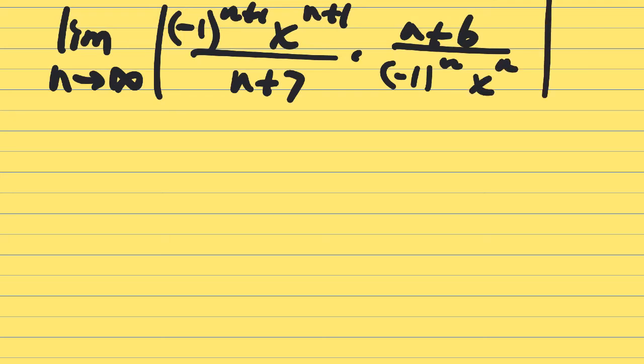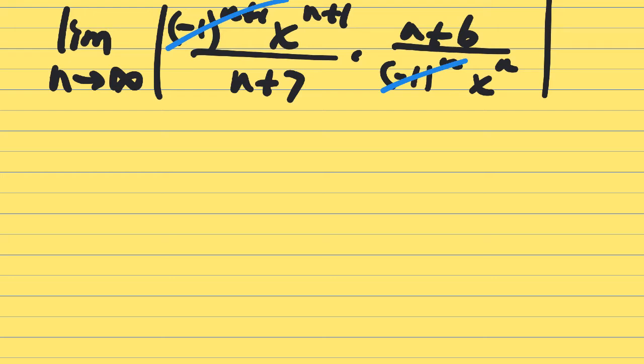Okay, let's do a little cancellation here. Because these are in absolute values, that -1, whether it's n plus 1 or n by itself, is not going to matter because it's either 1 or -1, but when you take the absolute value, it's always a 1. So those just directly cancel.